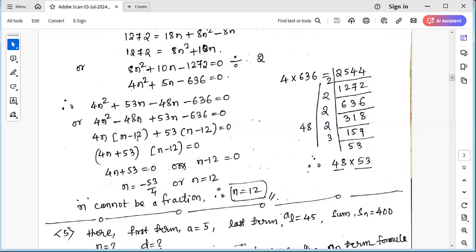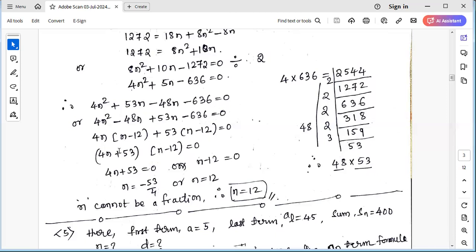Next, plus 53 you take common here. In this term only n is left, minus 636. Here what is left is 12, because 12 into 53 is 636. So that is why you have to write 12 here.